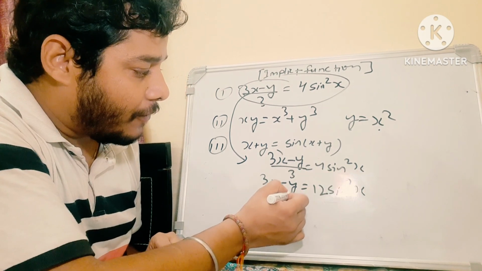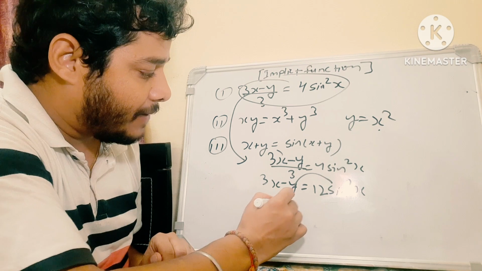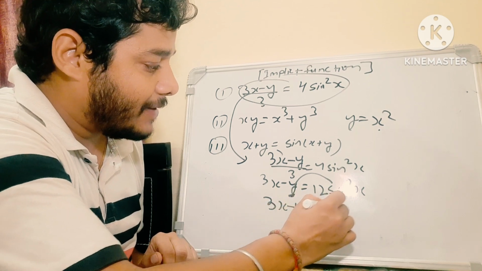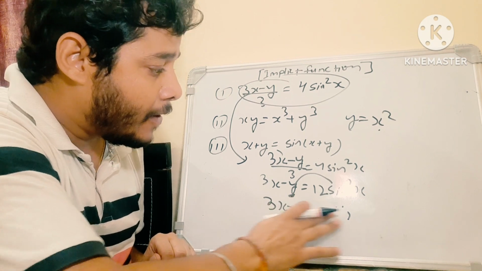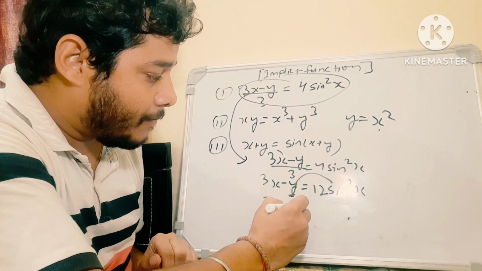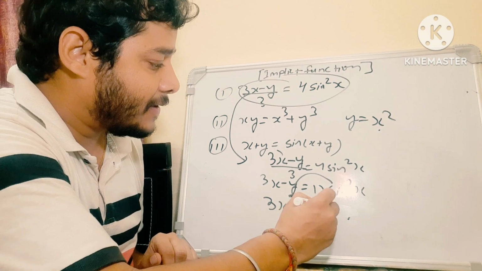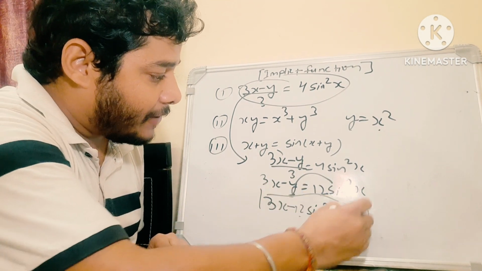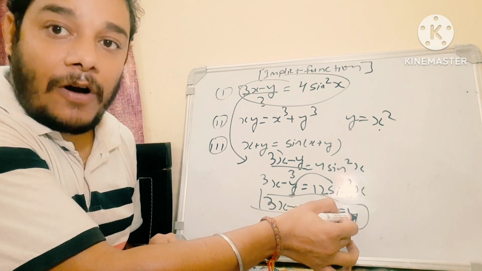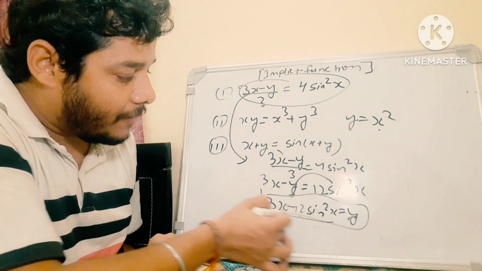You have to find the value of y, so you send y to the other side. So it becomes 3x minus 12 sine square x is equal to y. You can see, right? Here we found the value of y in terms of the variable x.